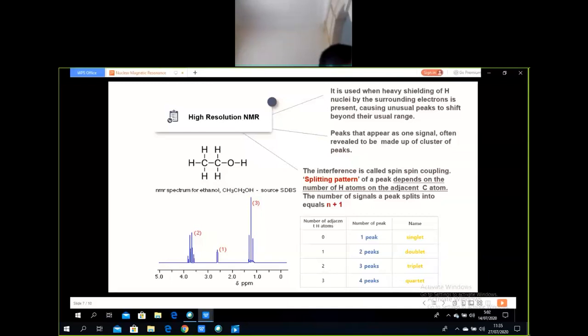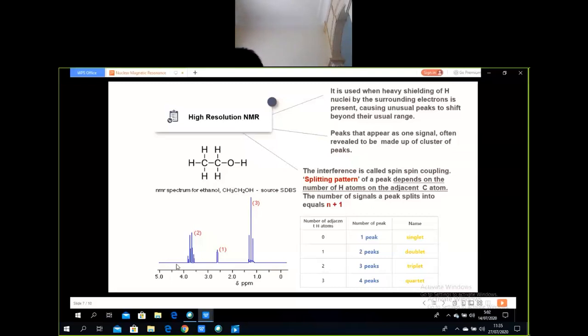Let's see the splitting pattern. This one has 3 hydrogen. We know there are 3 hydrogen in it. The second one has 2 hydrogen in it, and the last one does not contain any carbon atom, or only 1 hydrogen atom.